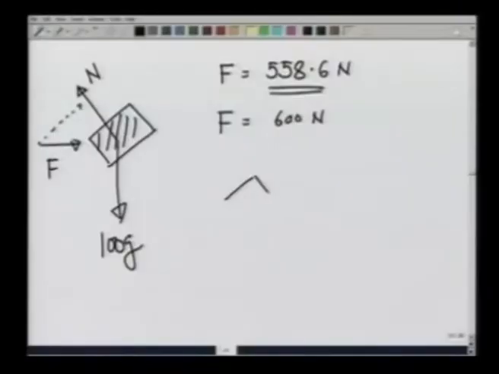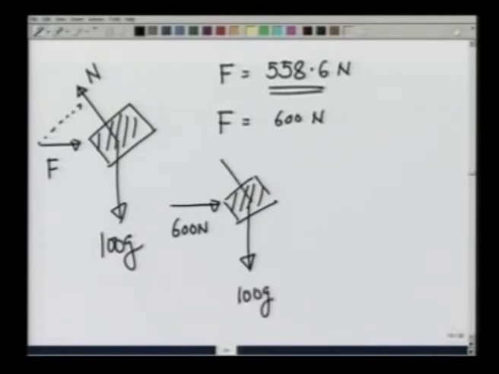If I make a free body diagram for F equals 600 newtons, I would have 600 newtons acting this way, 100 g pulling it down, normal reaction N, and frictional force down the plane. This would be the free body diagram.